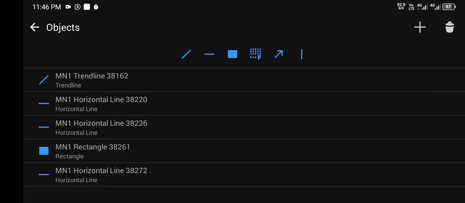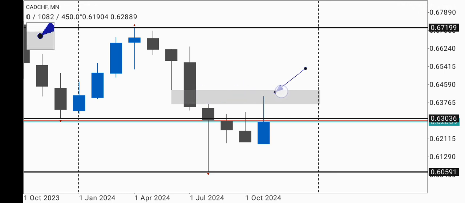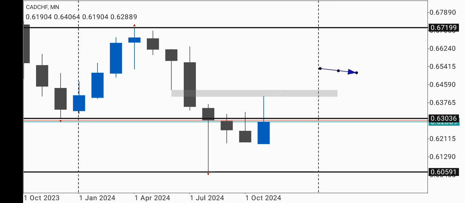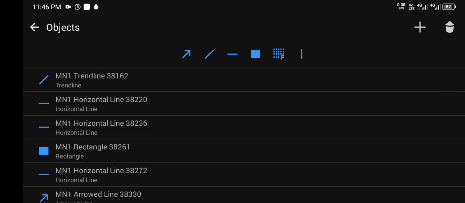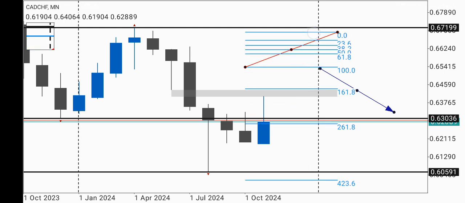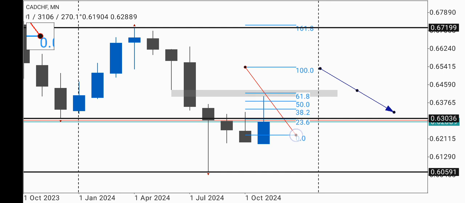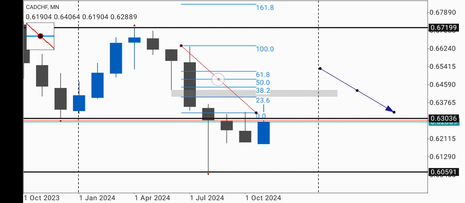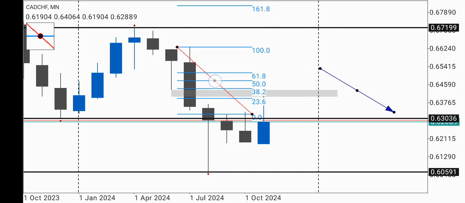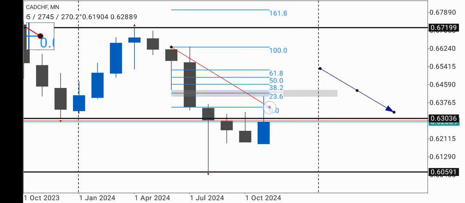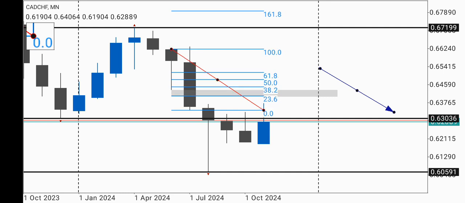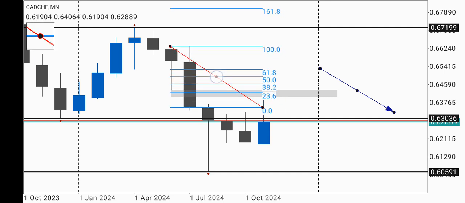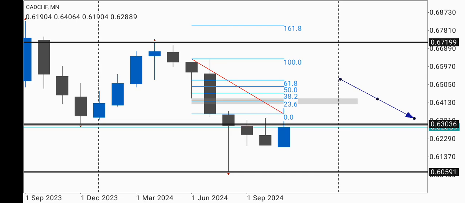price has already tested this fair value gap, although from the way I trade my fair value gap, if you use your Fibonacci, remember the way I wrote down on Fibonacci, if it's a downtrend, you make sure that the 100 side, if you are using normal MetaTrader, not TradingView. If you're using TradingView Fibonacci, you can do your settings.